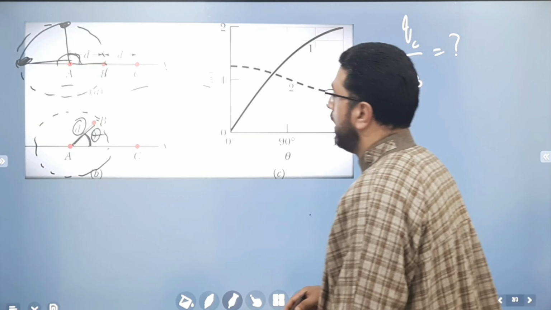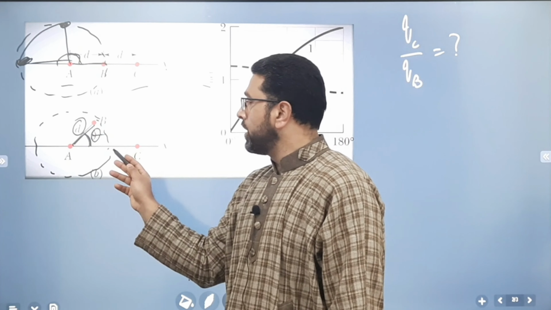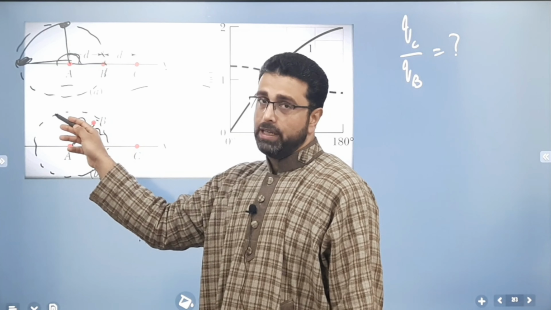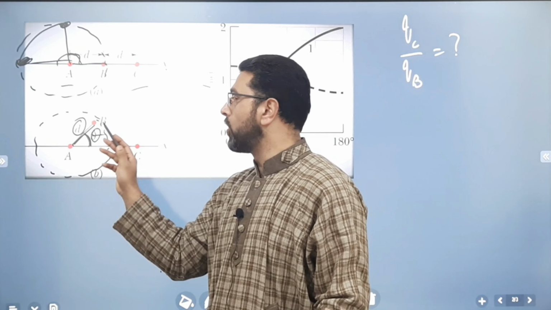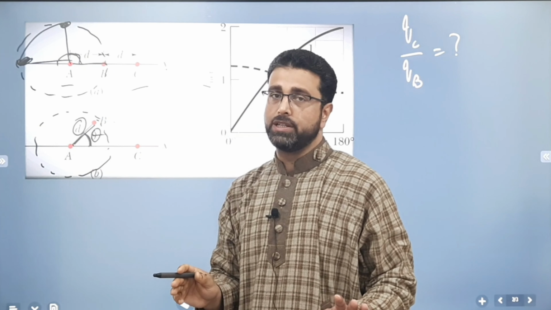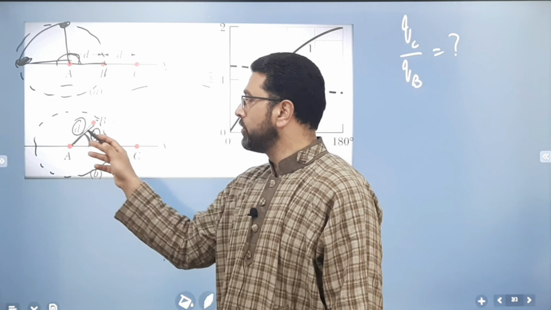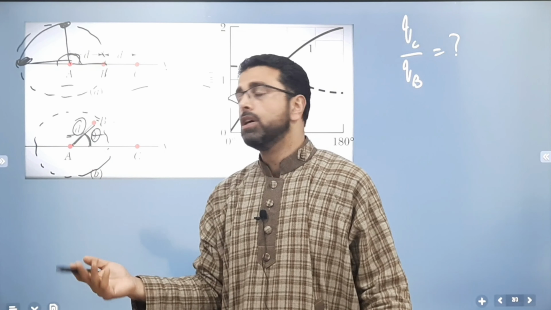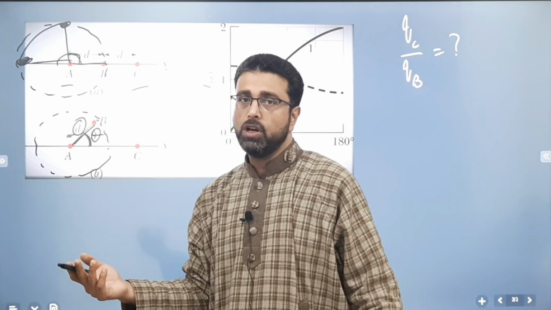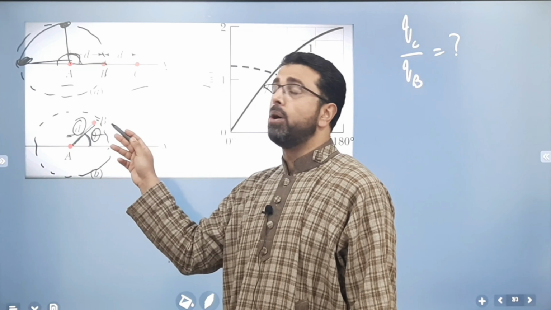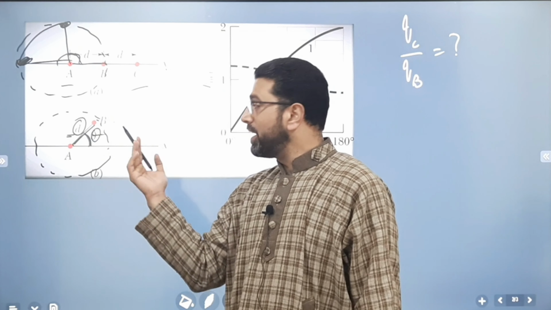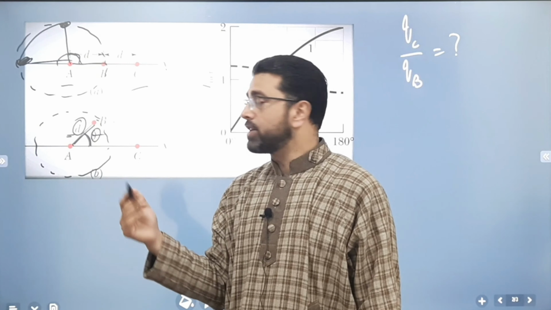Now, when you change the orientation of B, when you rotate B, the magnitude of force from B on A is not going to change. Magnitude depends on the distance, which is the same, and the charges A and B are the same. So the magnitude of force on A from B will not change. But direction obviously will change.